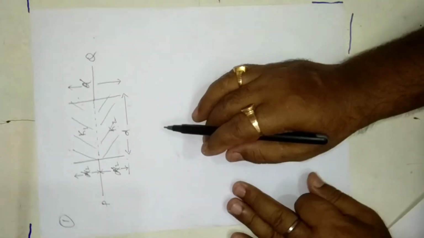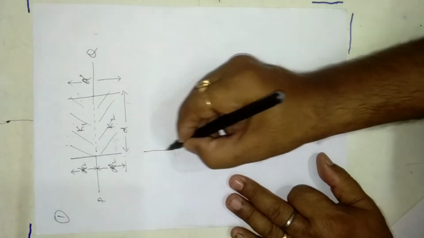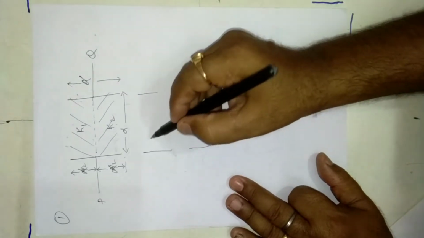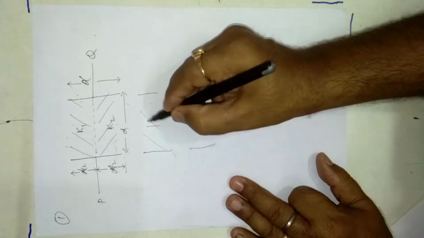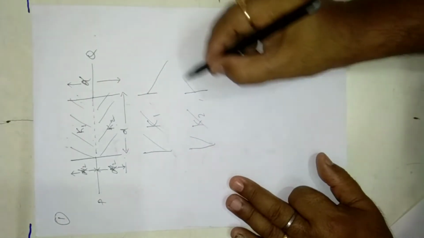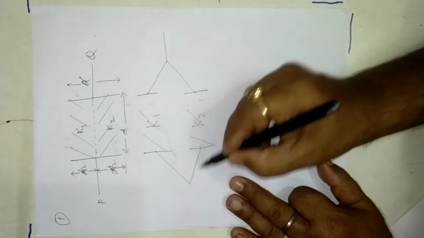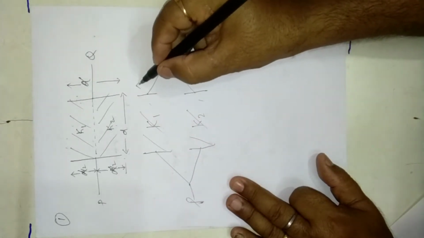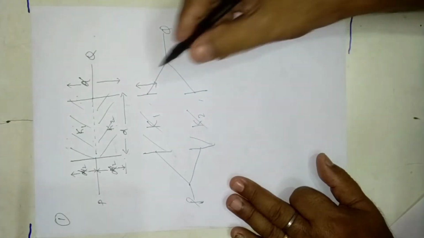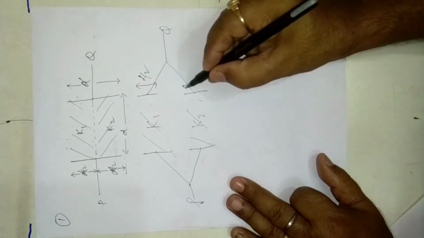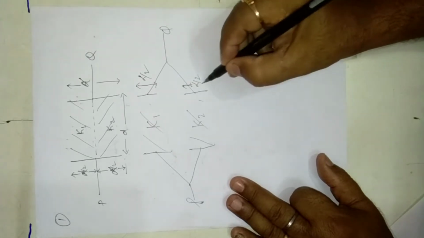This capacitor is divided into two parts, one above and the other below, with dielectric K1 and dielectric K2, and both are connected between the points P and Q. So the area is divided: the area of the plate is divided half and half, so the area here is alpha by 2.